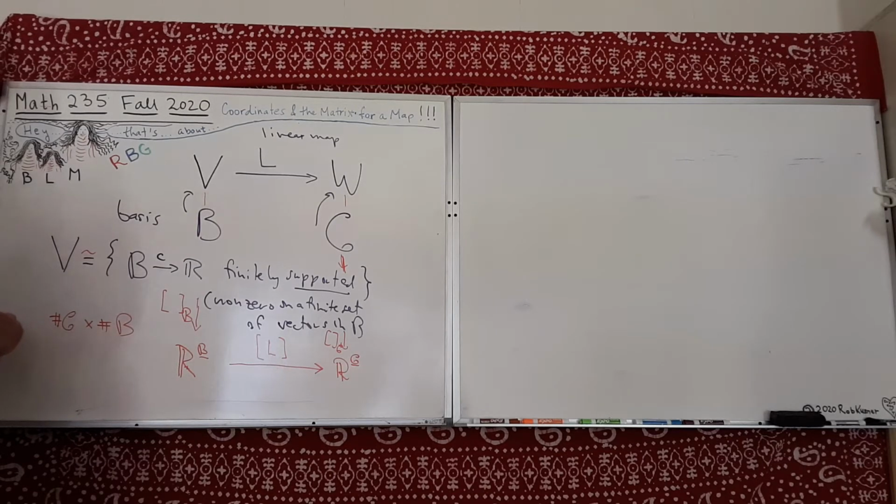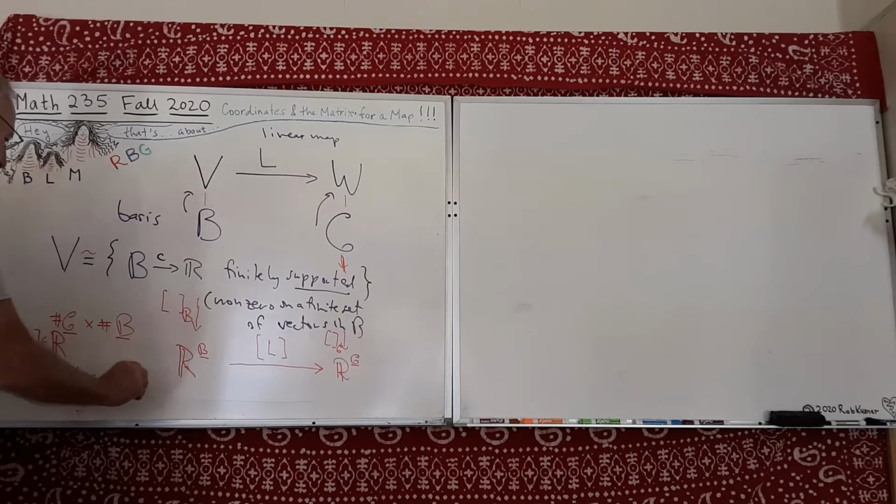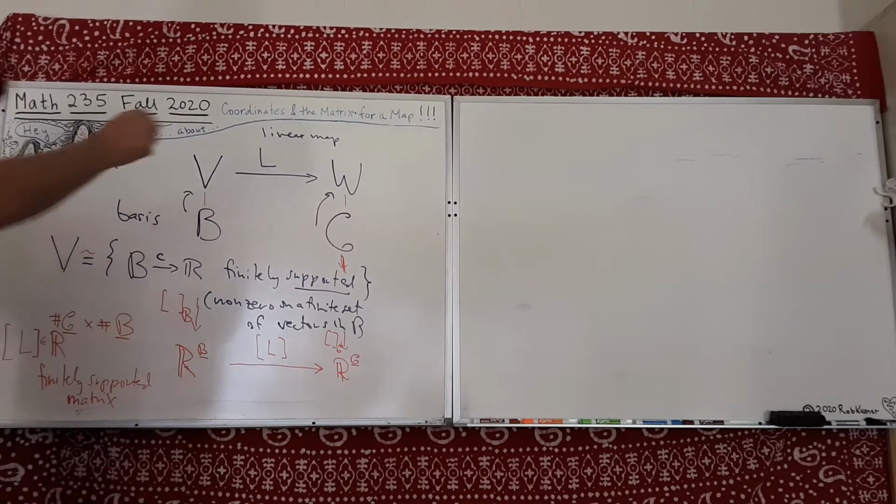So this L lives in R^(C by B). So it's going to be a finitely supported matrix. There's only finitely many non-zero entries. Again, if these are finite dimensional, everything here is finite, and that's good.